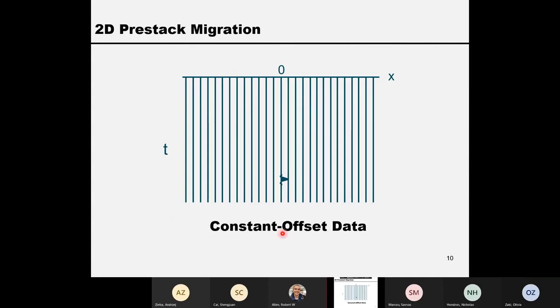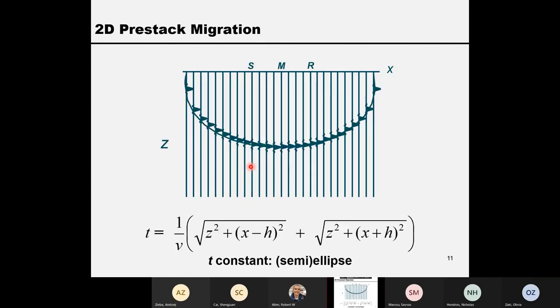Let's talk about a single sample here, single data sample, in the data space. This could be a reflection from this sort of curve, right? Any point, right? So this will be represented here.